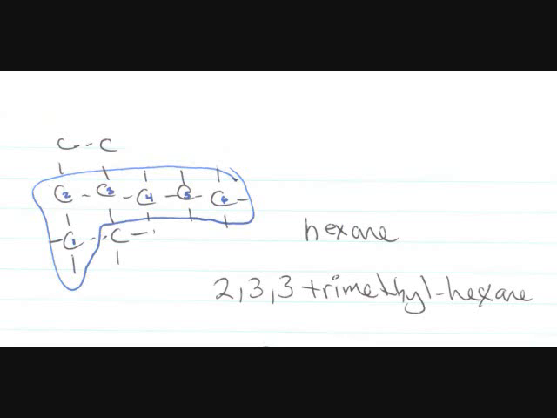Trimethyl, and where are my methyl groups? They're off of 2, 2, 3, 3... trimethyl. When you have the trimethyl or the dimethyl, it is preferable that you do it. You don't have to, because the fact that it says 2, 3, 3 means there's three there.